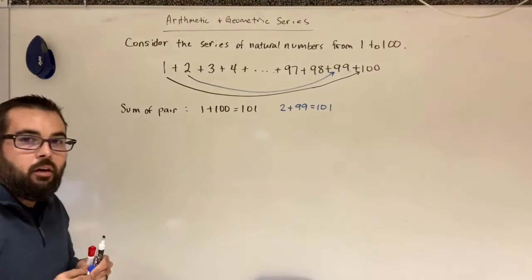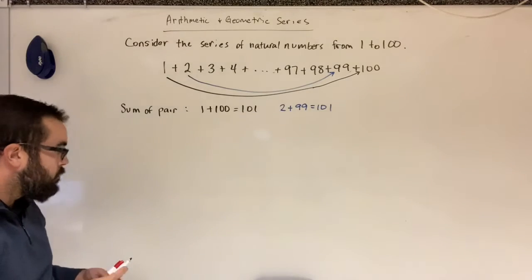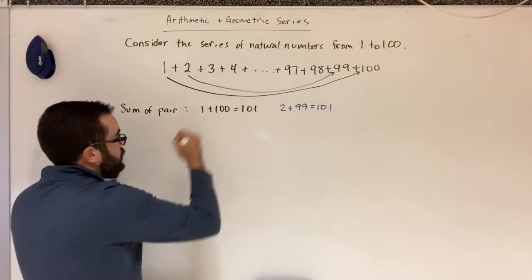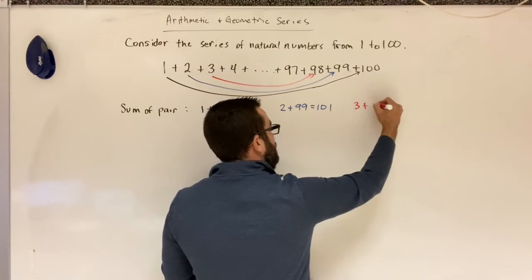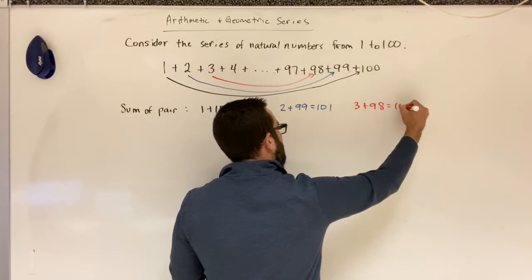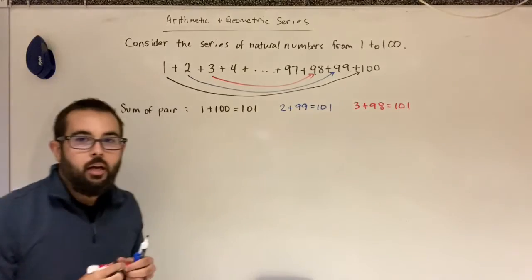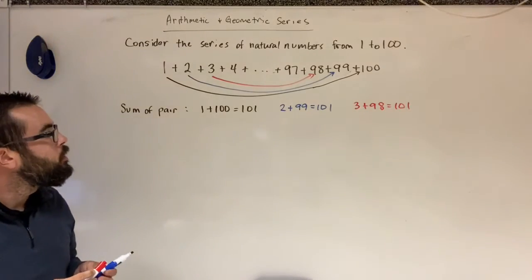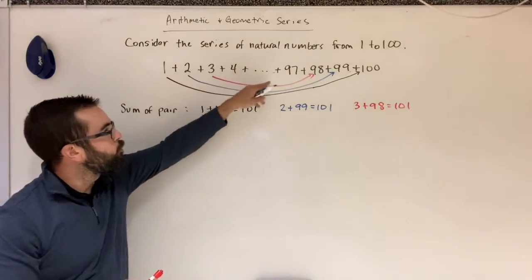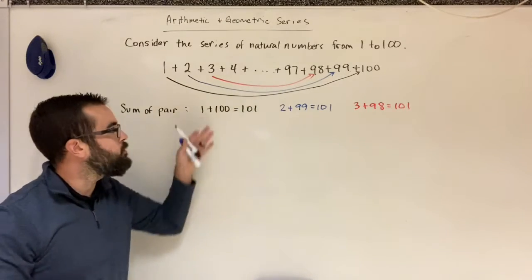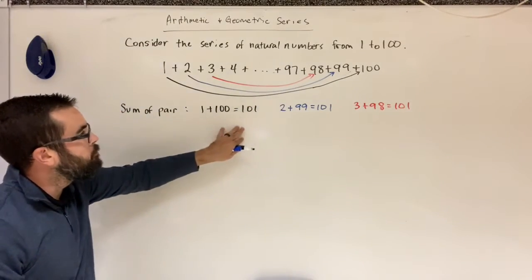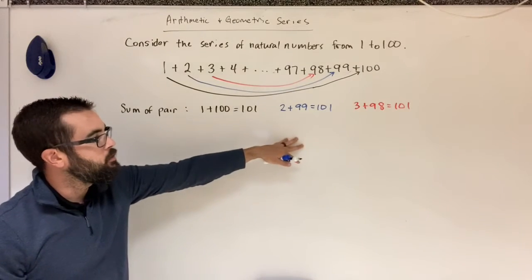Well, that's also 101. Interesting. He said, if I take 3 and 98, I get 101 there as well. And you can see without writing, 4 plus 97 is also 101. So he's like, I have this repeated sum throughout this whole series.